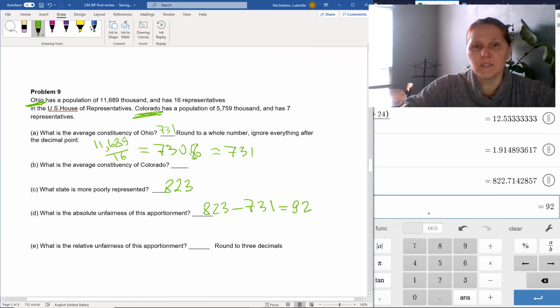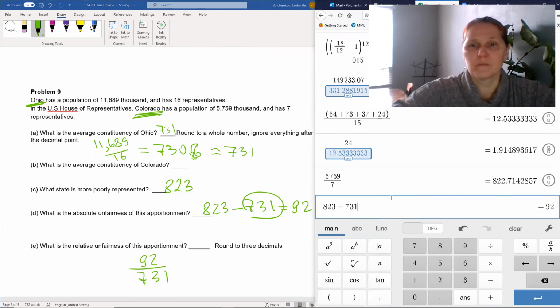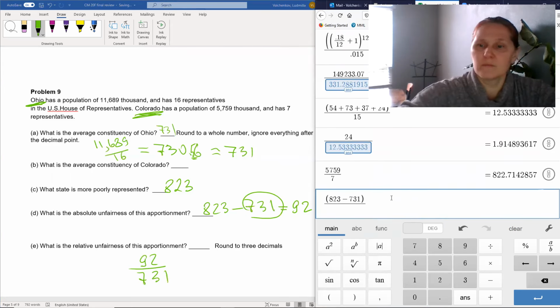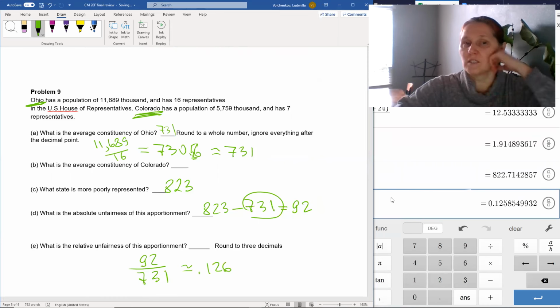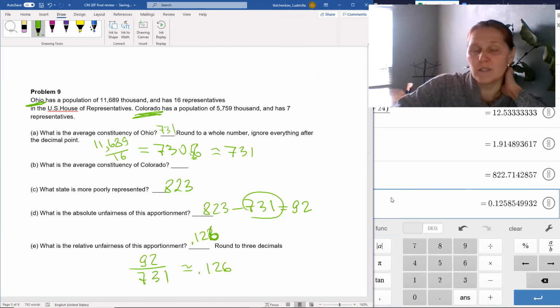And the relative unfairness, we take this difference, the absolute unfairness, 92, and divide by the smallest constituency, 731. So the relative unfairness here is relatively big, 0.126. The next digit is 8, that's why we round up. Often it is so small that the first two digits are zeros. That's why we need to round to 3 decimals in this part.